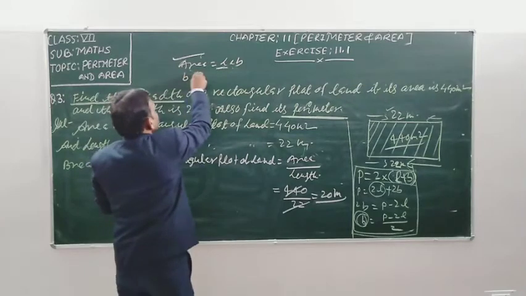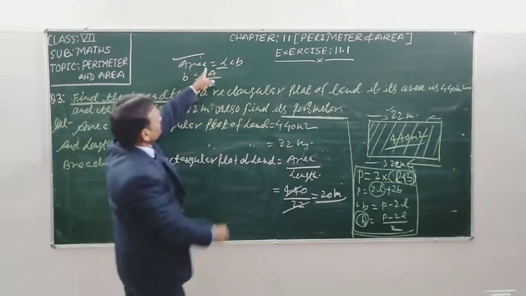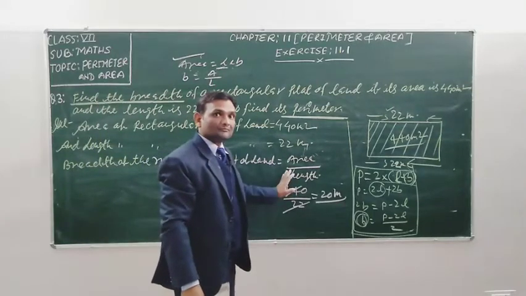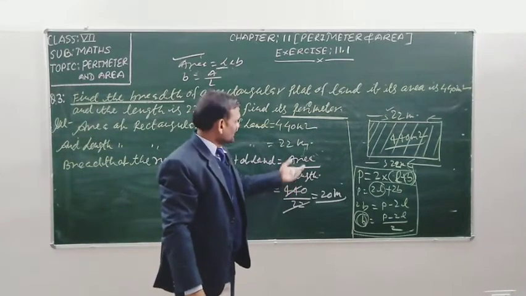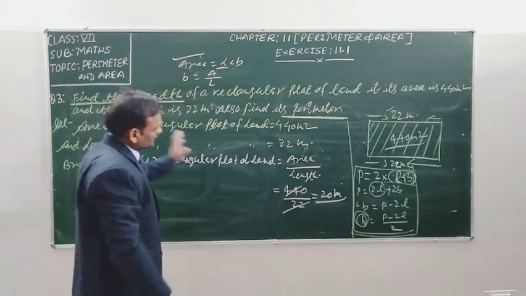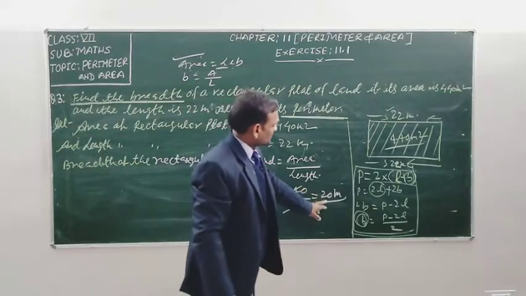So breadth is equal to area upon length, and this formula I have written here. In this way we can find out the breadth of the rectangular plot of land.